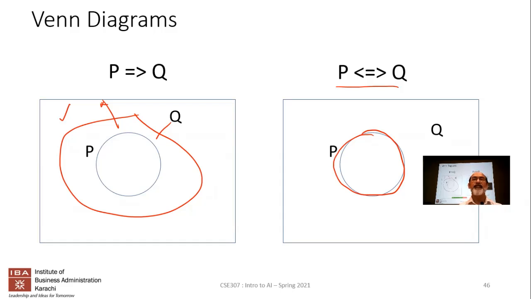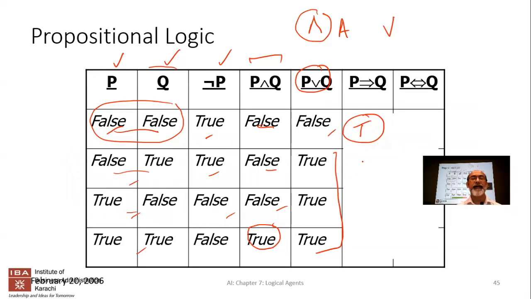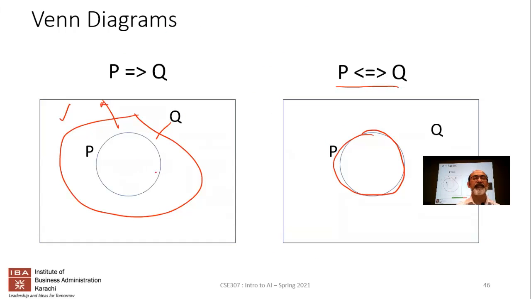So when P is false and Q is also false, that solution is valid in your entire universe. Similarly, if P is false and Q is true, does that make sense?